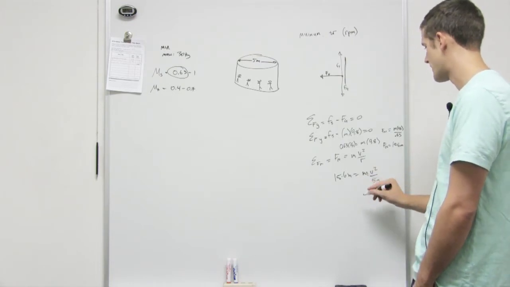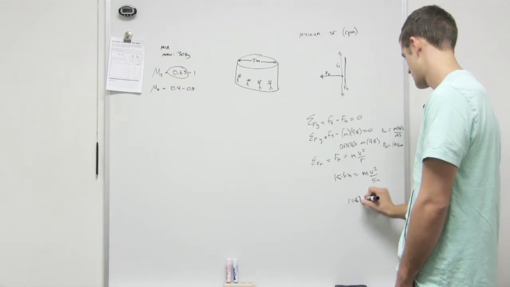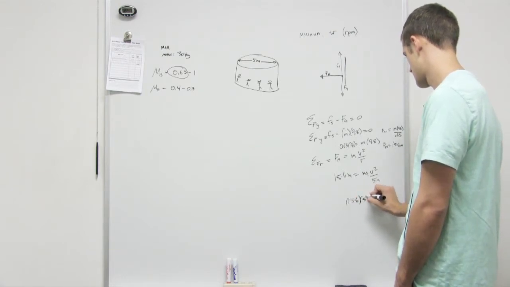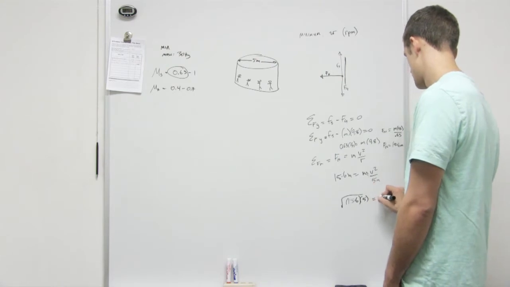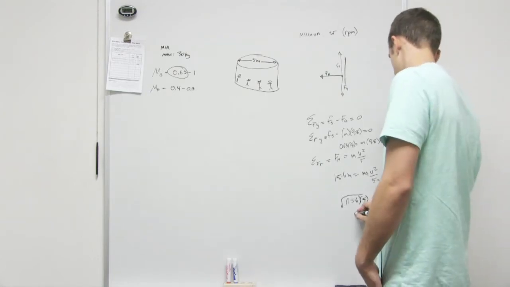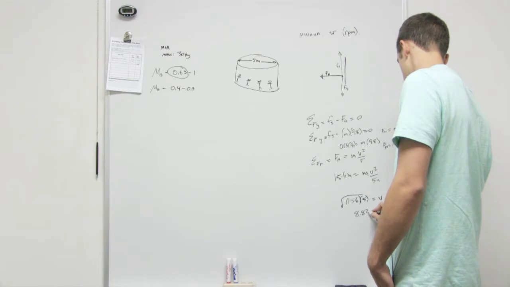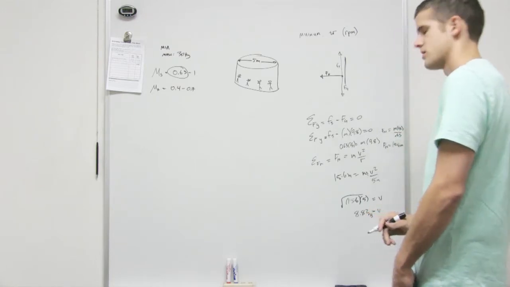Well, you multiply it by 5 first. Oh, okay, right. So 8.82. This is your minimum velocity, in meters per second.